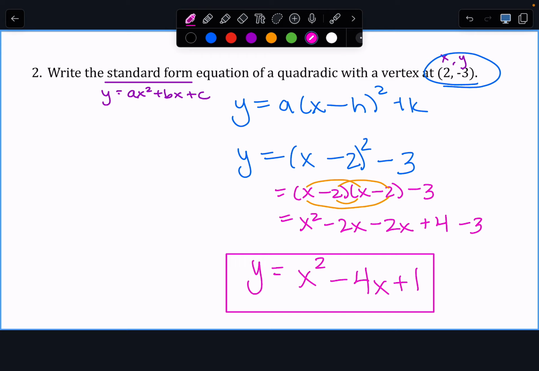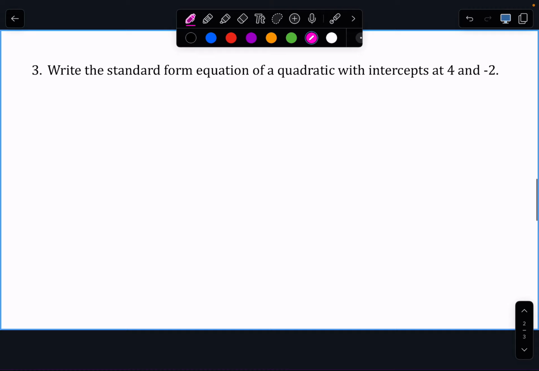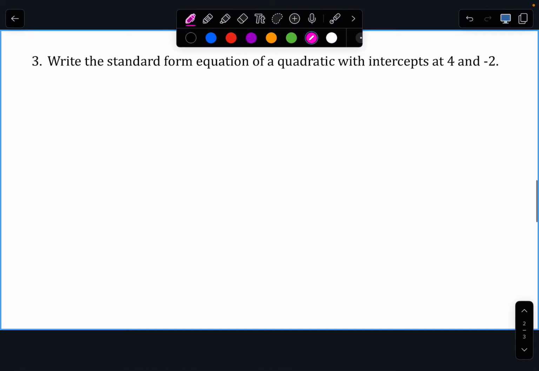All right, so now I want you to talk about how we would get the standard form if we knew we had intercepts at 4 and -2.